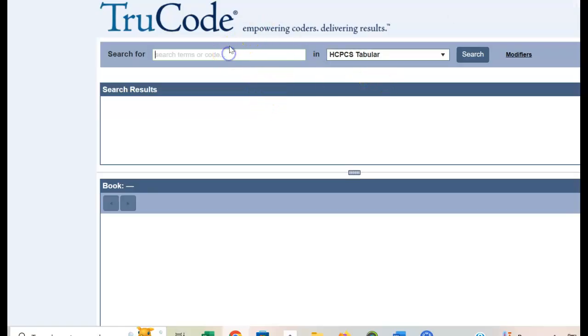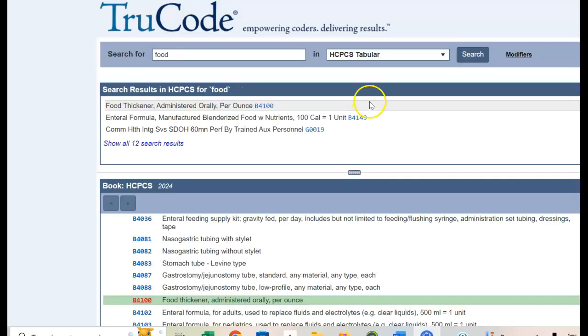I'm just going to say thickener. No results. Okay. So then I put in food, and right here, food thickener, administered orally per ounce. Okay, this is number 4.